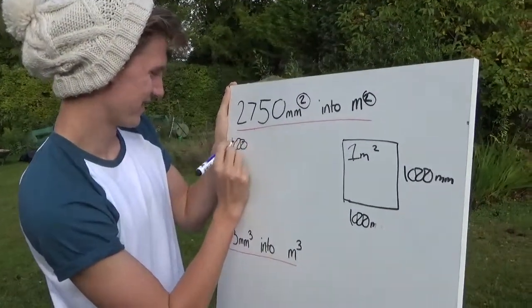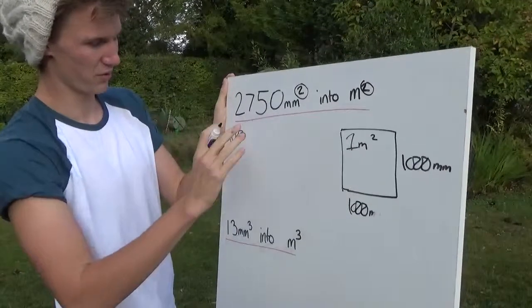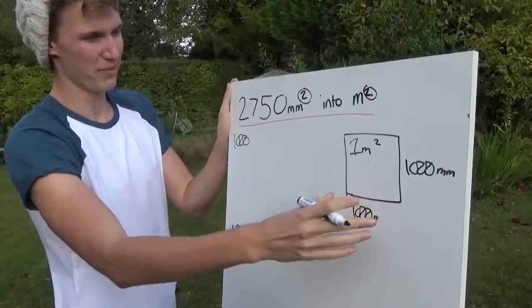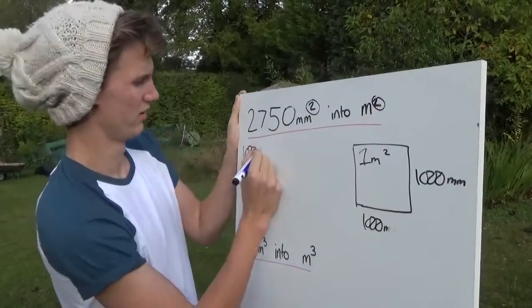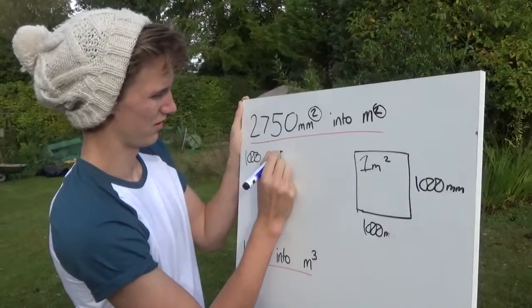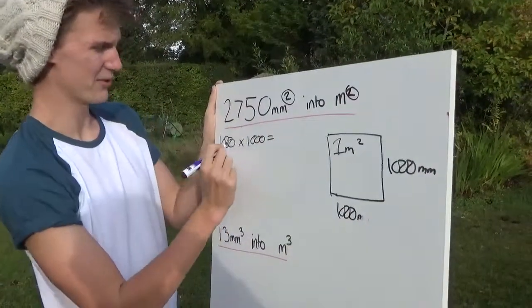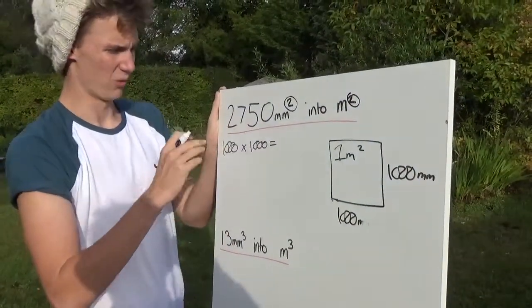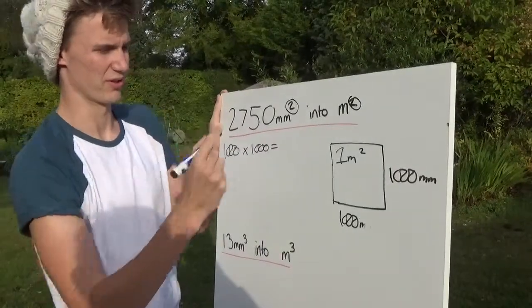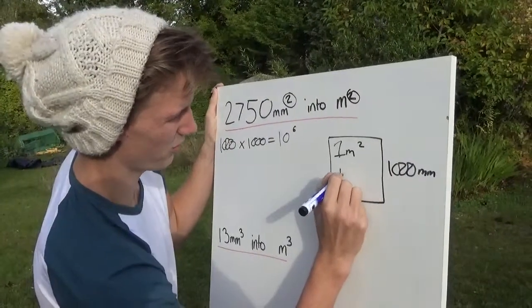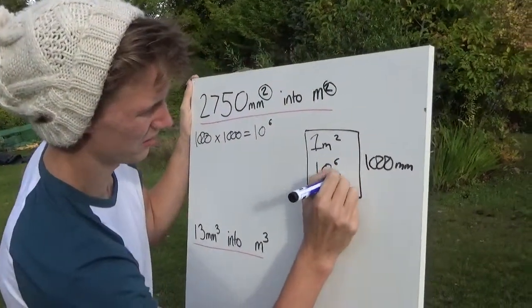So we know we used to do 1,000 times 1,000 to get the number of millimeters squared in 1 meter squared. 1,000 times 1,000 is 1 followed by 6 zeros, so it's 10 to the 6, a million. That's our conversion factor.